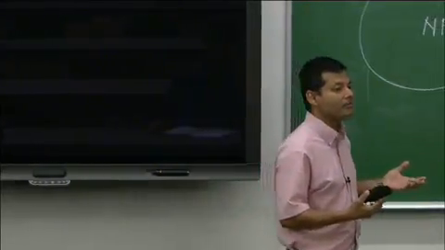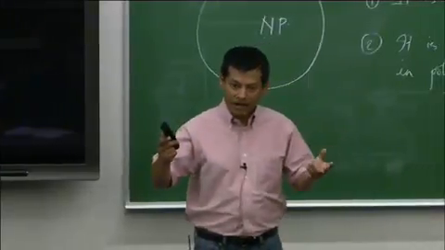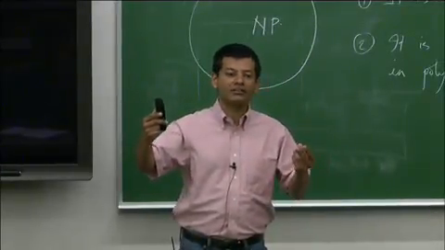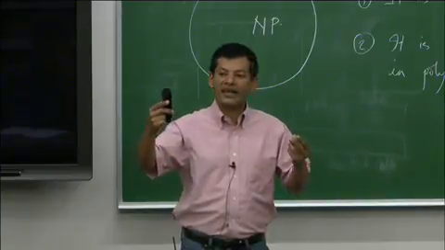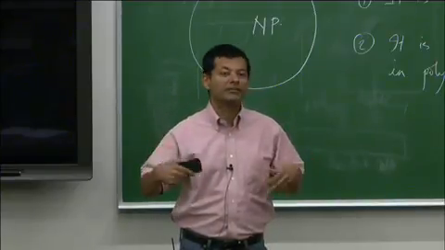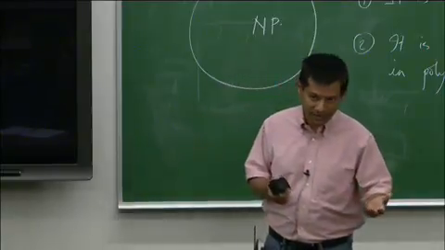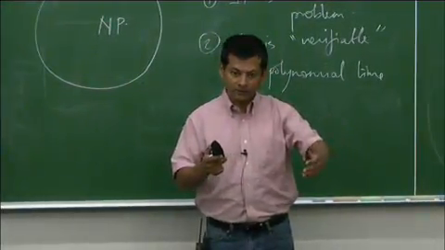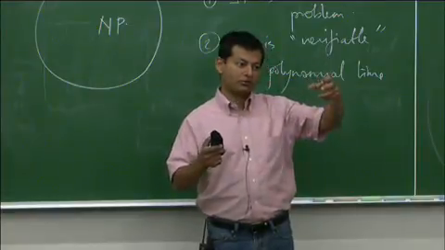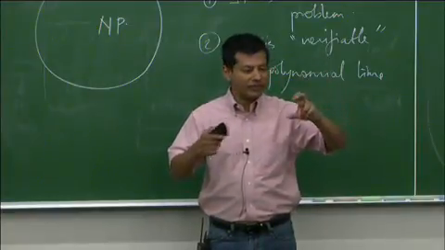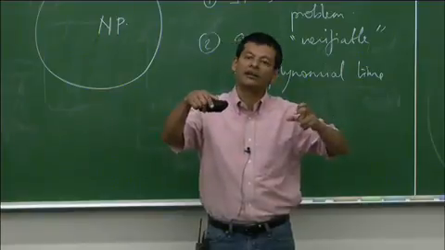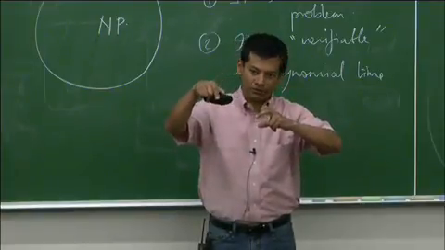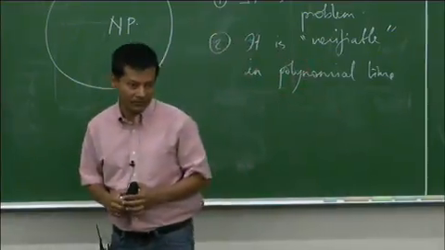A very simple example would be, given a graph and a u and v, is there a path from u to v that is less than or equal to k hops? The way we would solve this problem, and we know that we have a polynomial time solution, is first of all do a shortest path, produce the shortest path, that would be our certificate, and then just check whether the shortest path turned out to be less than or greater than that k that has been given to you. So that is the mindset essentially.